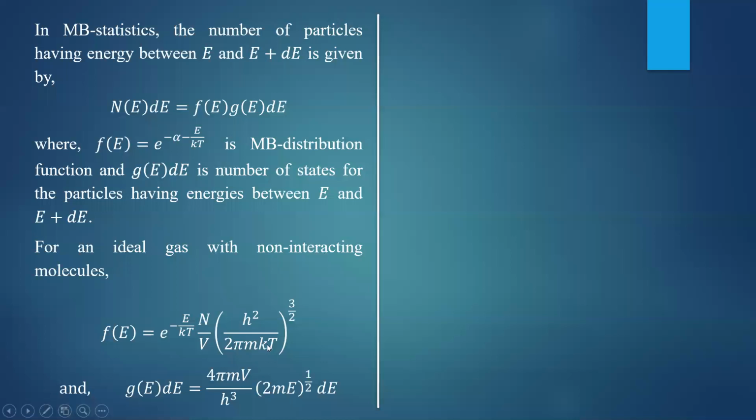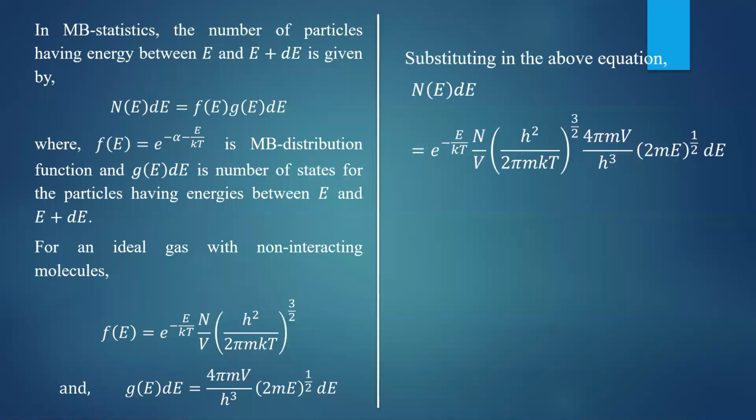So substituting for f(E) and g(E), you will get e to the power minus E by kT into N by V into h square divided by 2 pi m kT to the power 3 by 2, that is for f(E). For g(E), you will get 4 pi mV divided by h cube into 2mE to the power half into dE.